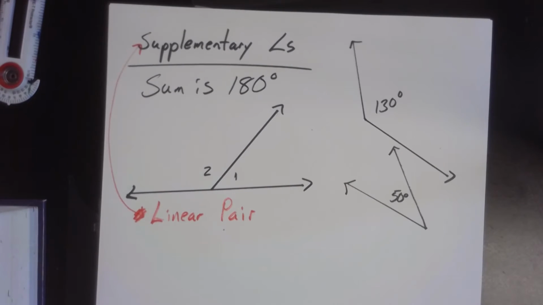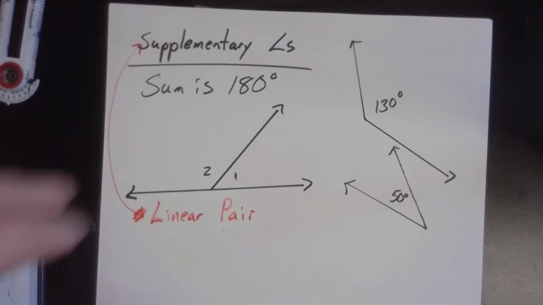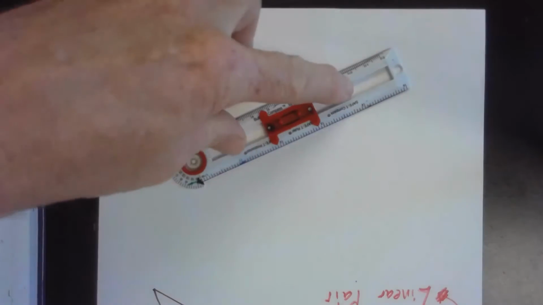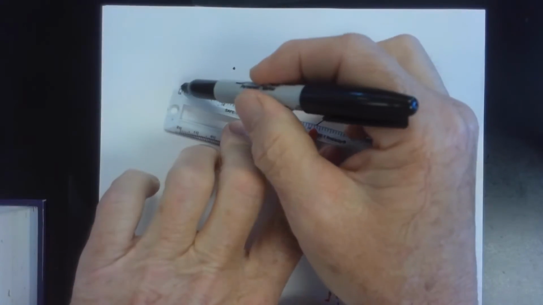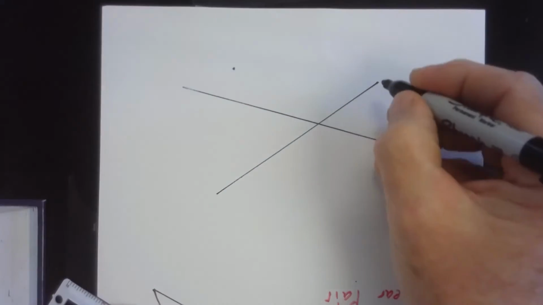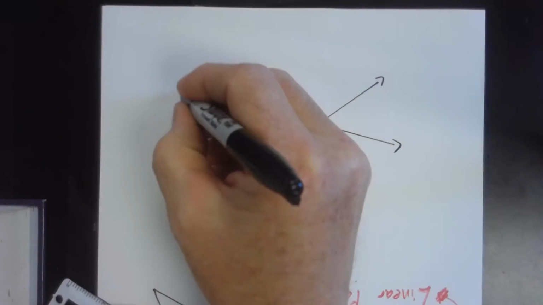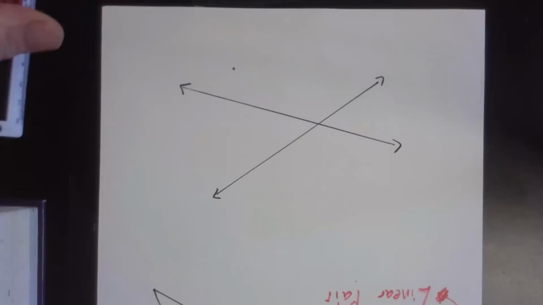All right, now I'm going to make you think a little bit. Let's say we have two lines that come along and intersect. They're in the same plane, so they're either going to intersect or be parallel. These two happen to intersect.